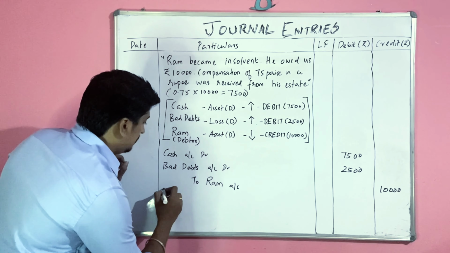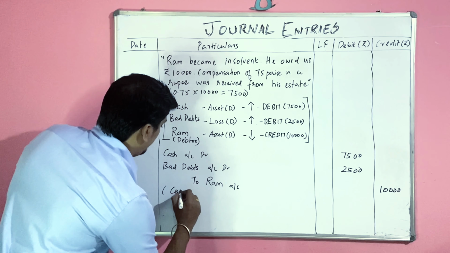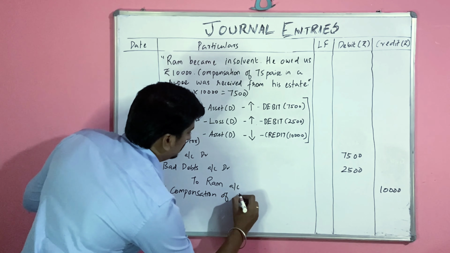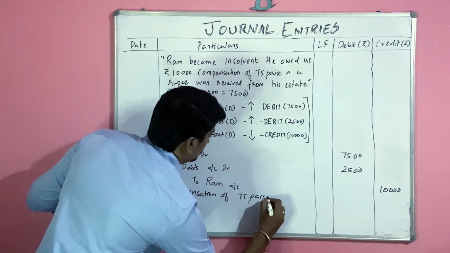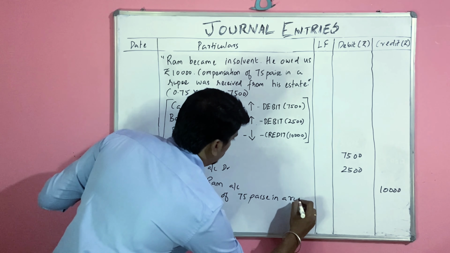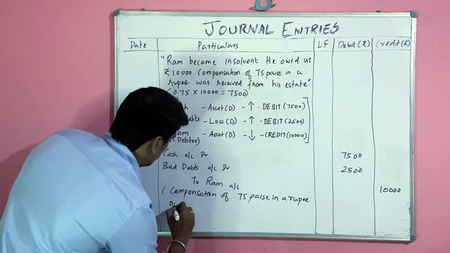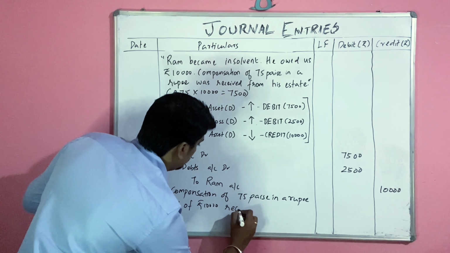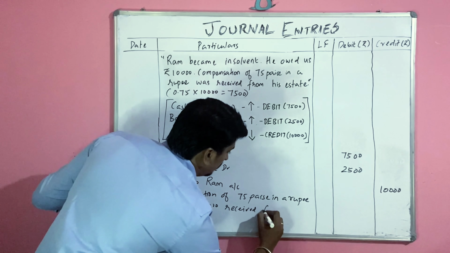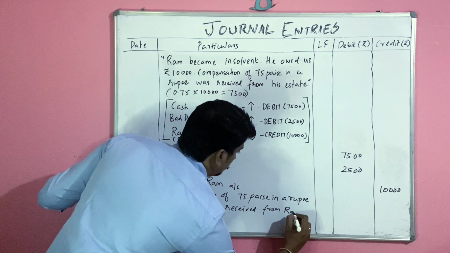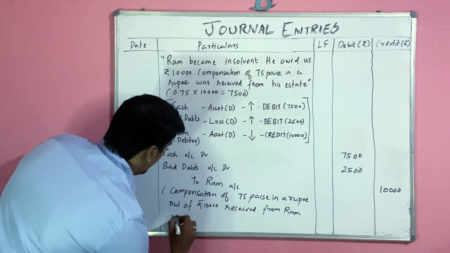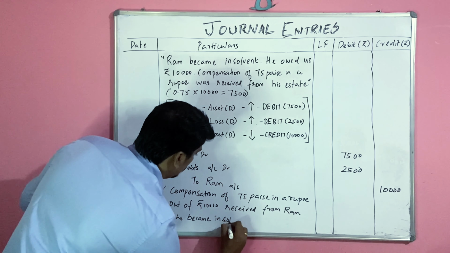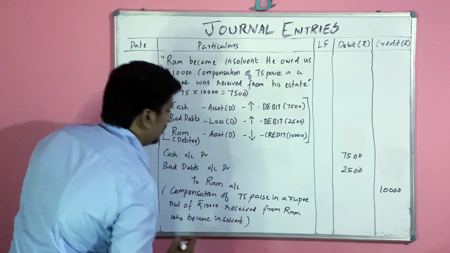Narration you can write here: compensation of 75 paise in a rupee out of rupees 10,000 received from Ram, who became insolvent.